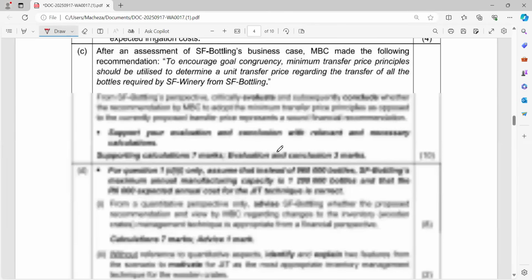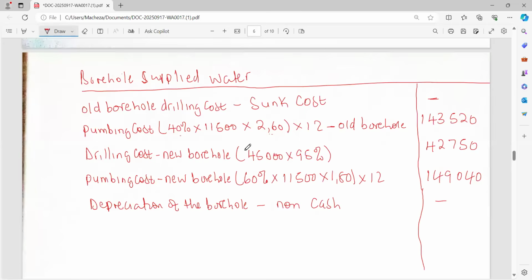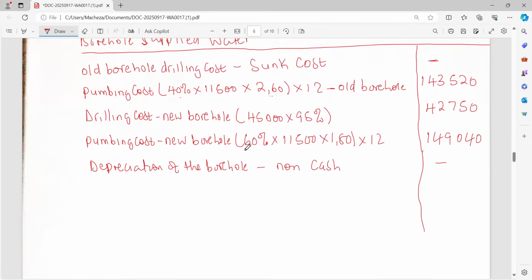So let's see how we finalize there. We're almost there. So we start with the service cost of the old bore. Old bore is going to be 5,000 times 30%. How much is it going to be there?